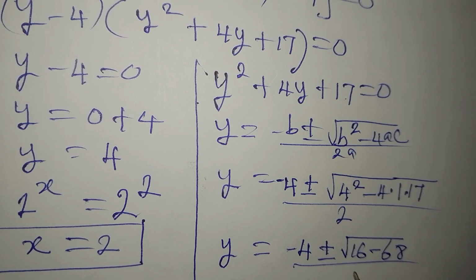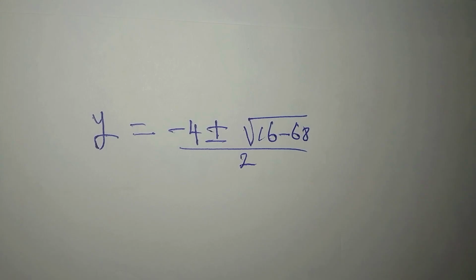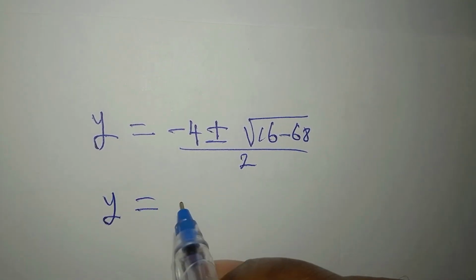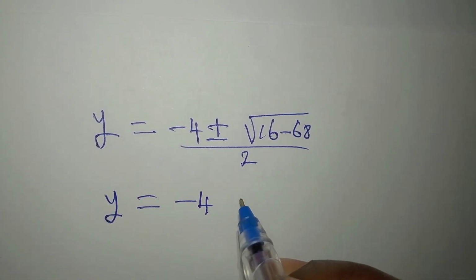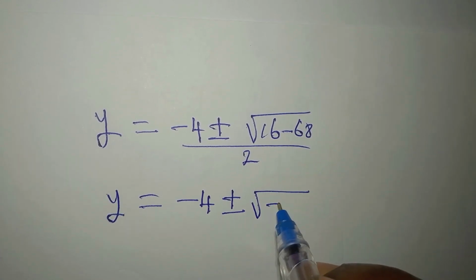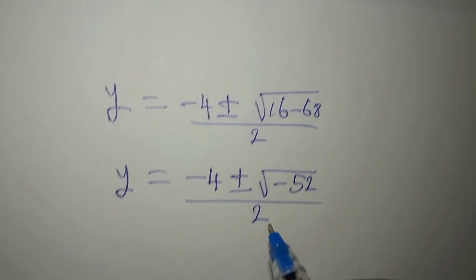Then we divide this by 2. Okay, so meaning that y is equal to minus 4 plus or minus square root of negative 52. Then we divide by 2.